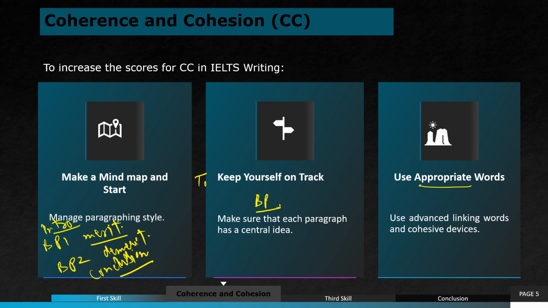Always try to use advanced linking words and cohesive devices with which you are familiar. Because if you try to use a totally new word, there might be some chances that you can make a mistake. In order to avoid mistakes, practice more and stay familiar with the words before making use of them in the final exam.